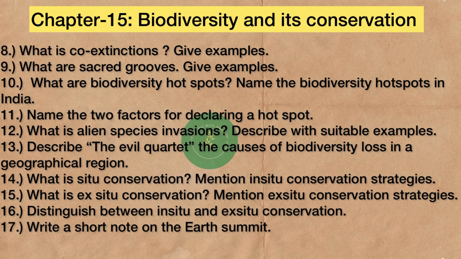Also focus on certain questions like co-extinction, sacred groves, biodiversity hotspots, alien species invasions with suitable examples, the evil quartet, once again it's been repeated, in situ conservation, ex situ conservation with suitable conservation strategies, difference between in situ and ex situ conservation, or a short note on the Earth Summit.